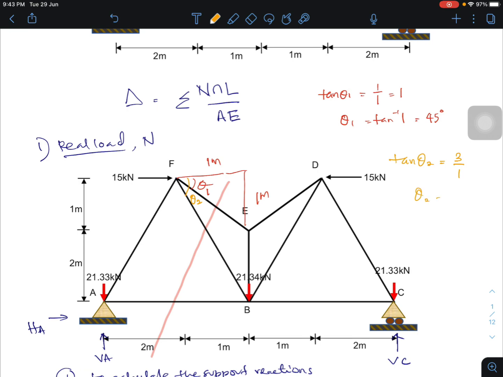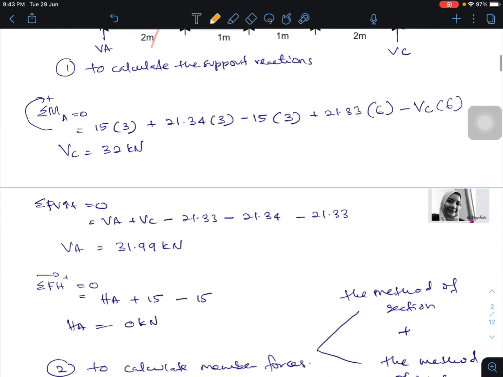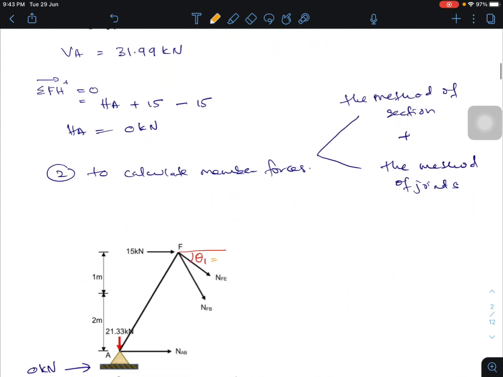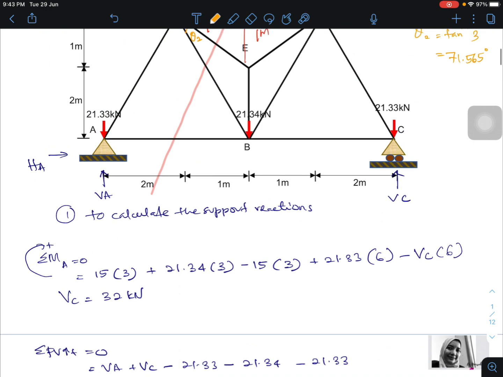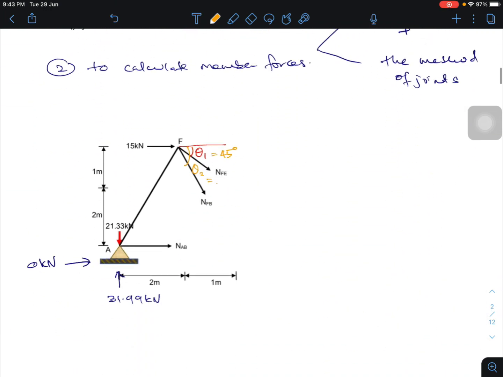So theta 2 is tangent inverse of 3, and the value is 71.565 degrees. So theta 1 is 45 degrees, and theta 2 is 71.565 degrees.